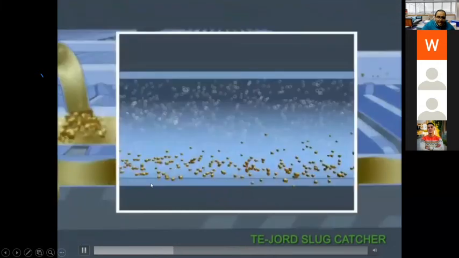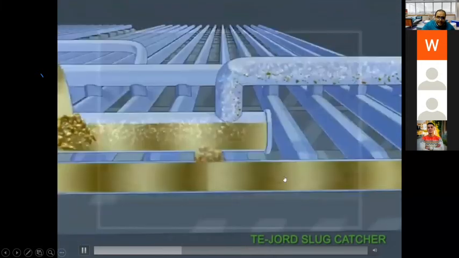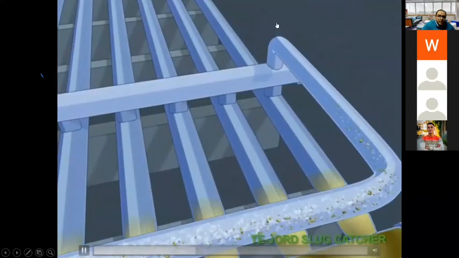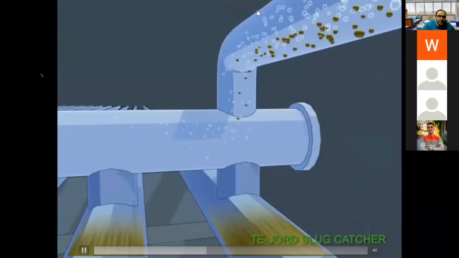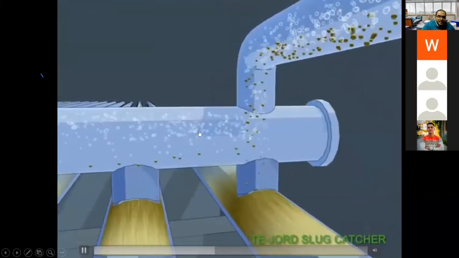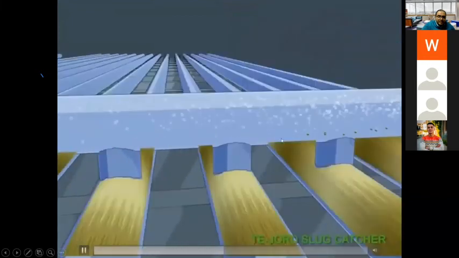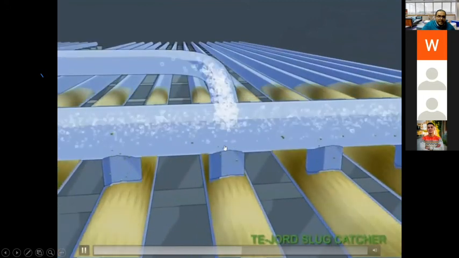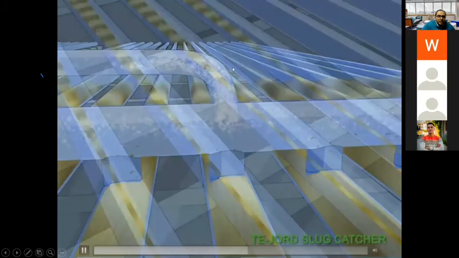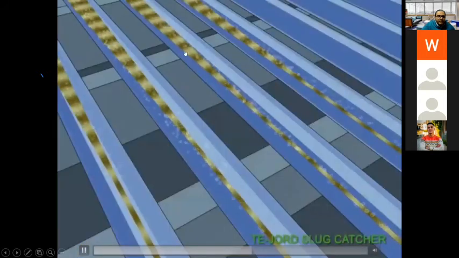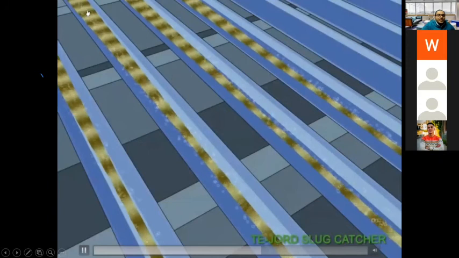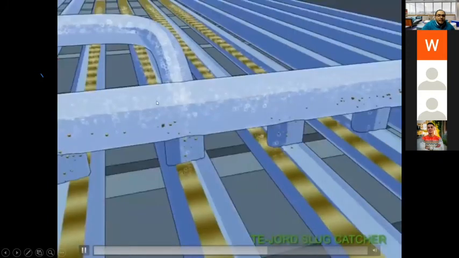As you can see, there is still some condensate or some liquid with the gas. So it comes to another stage of separation, at which the liquid condensate goes down by gravity. This is the benefit of the fingers, and the gas goes above again and moves to a separate pipeline like this.